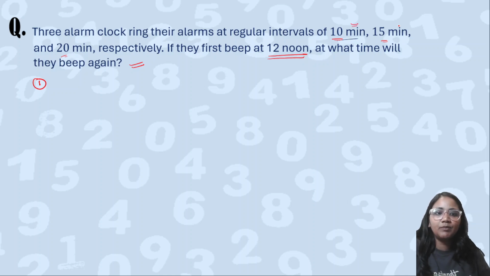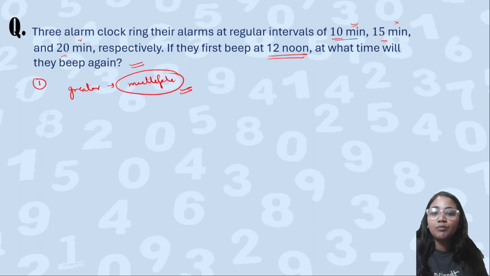This will beep, but this will not beep, neither this will beep. So we can see clearly the answer will be greater than the three numbers given to us. So if the answer is greater, of course we need to find a multiple, right?